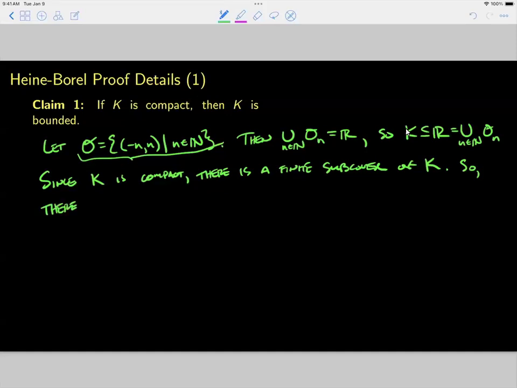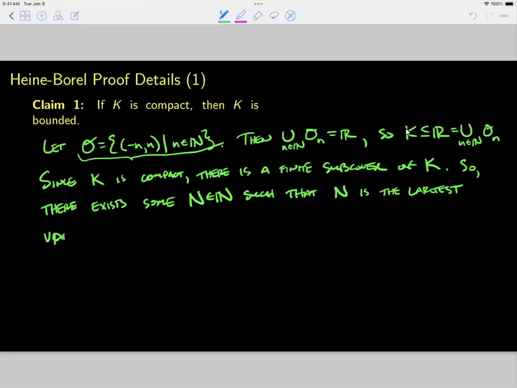So there has to exist some natural number, I'm going to call it capital N, such that N is the largest natural number such that (-N, N) is in the finite subcover.